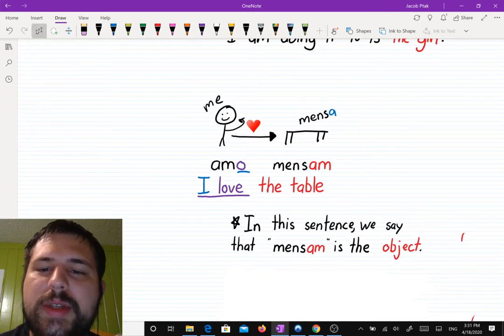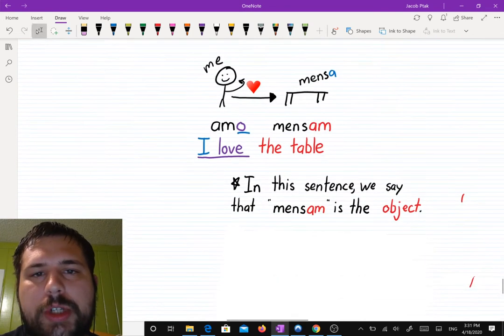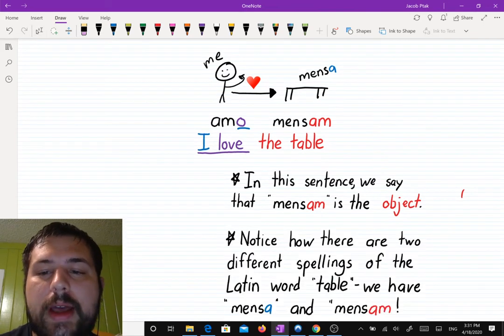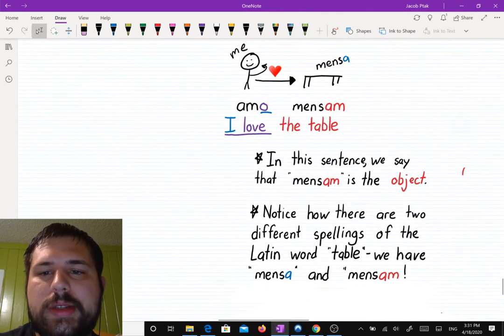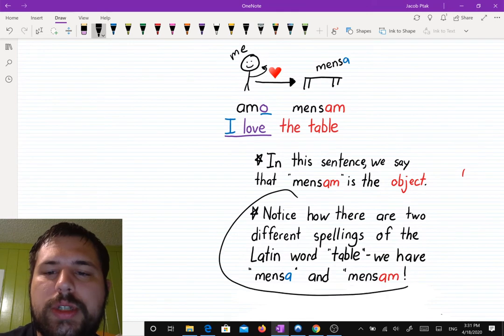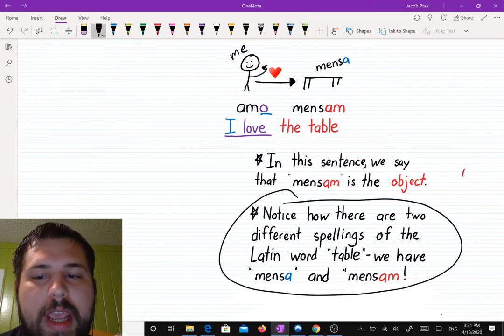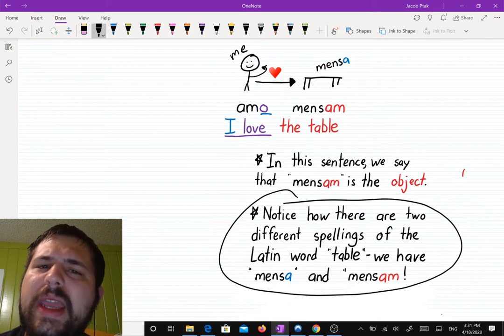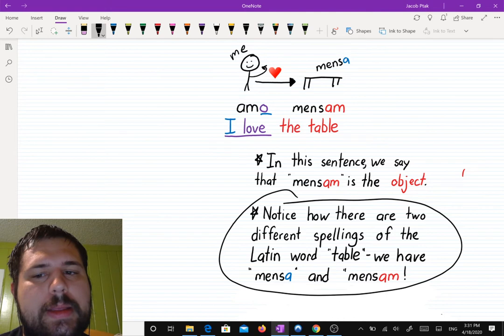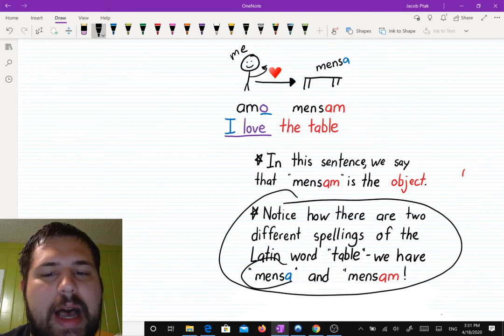So in this sentence, we say that mensam is the object. Now notice something else. Notice how there are two different spellings of the Latin word table. We have mensa and mensam. Mensa and mensam.